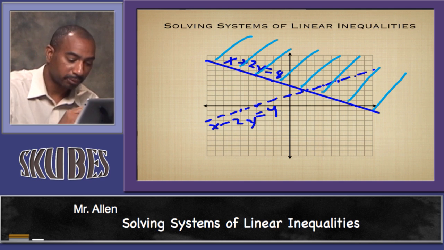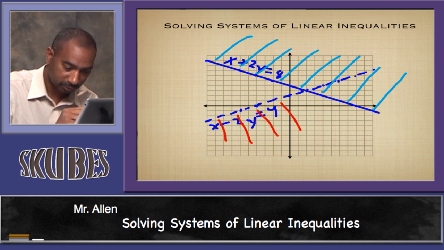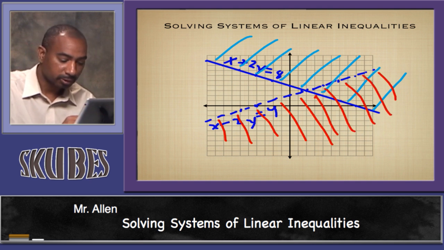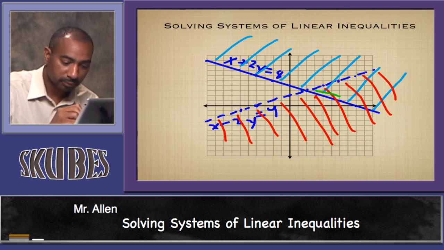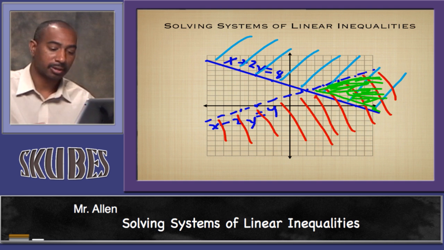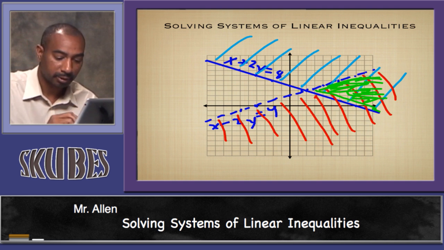So you're including all the points below this line, but not on the line. All right, so if you look at it carefully, it's just this region that is a solution. But you don't include the points on that dashed line. You can include points on this part of the line as well as throughout the graph. So this is our solution set in the green.